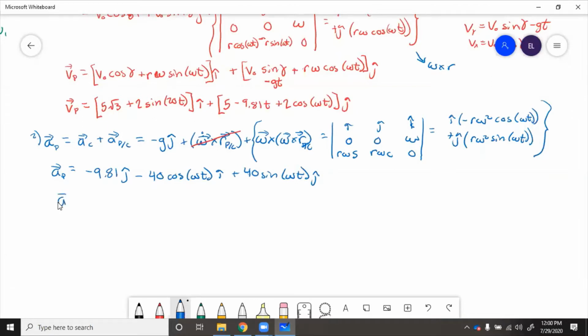So AP equals I hat times negative 40 cosine omega t plus j hat negative 9.81 plus 40 sine omega t. This will be in meters per second squared.